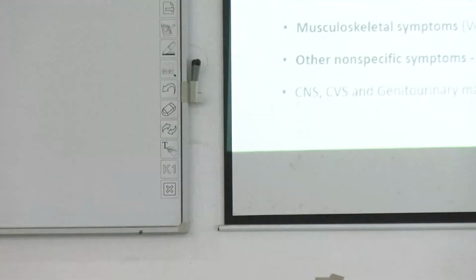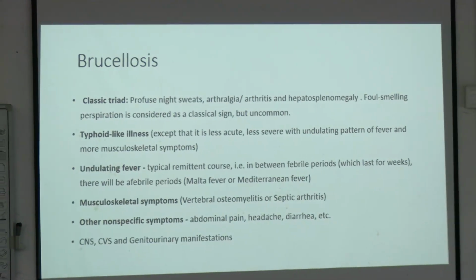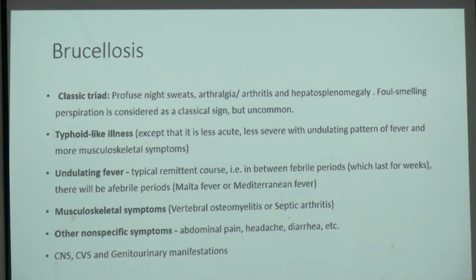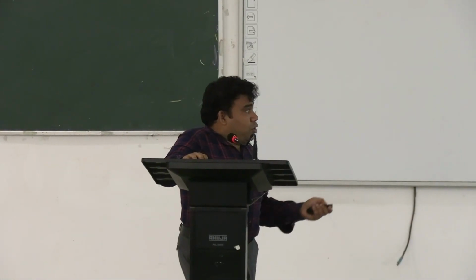Along with that, the presentation may be like that of typhoid-like illness or undulating fever, that is, the fever comes and goes repeatedly. And along with that, as I have already told you, the organism spreads into the musculoskeletal system. So, we will have musculoskeletal symptoms like vertebral osteomyelitis, septic arthritis, pain in the joint, fatigue, etc.